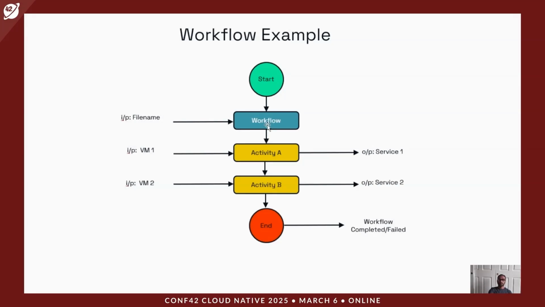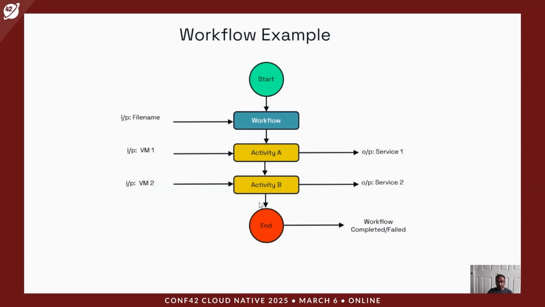Now there can be one activity that returns all the rows in the file. Then each individual activity has input as the VM ID and output as a service name. For example, if there are 100,000 rows, then there would be 100,000 activities. And each of these activities would have the input as the VM ID and the output as a service name.